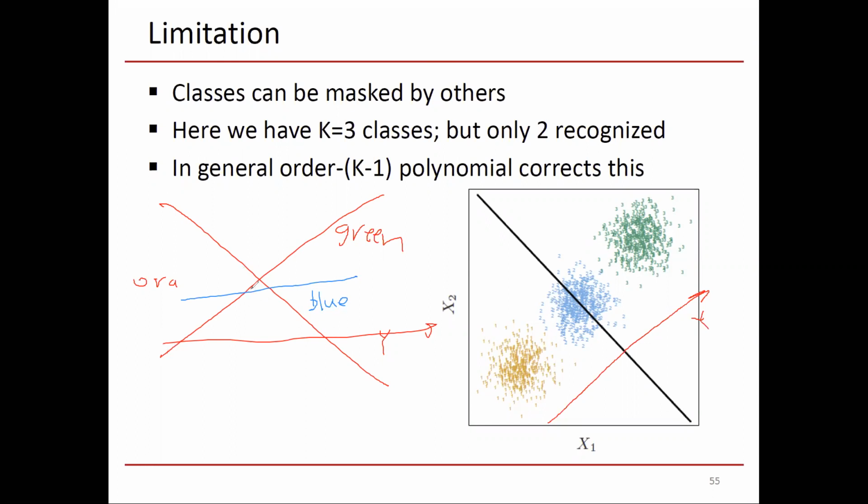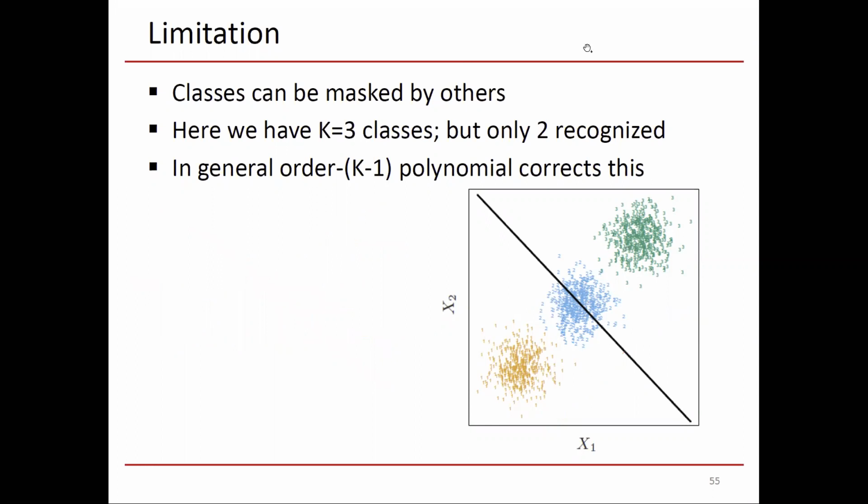And because it's never largest, in this region in the middle, where perhaps we would like the blue function to be largest, instead of getting blue, we're classifying to either orange or green. So in this case, we have 3 classes and 2 were recognized. In general, if we have k classes, this type of problem can be corrected using an order k-1 polynomial, but this is just an illustration that this is something that needs to be considered carefully.